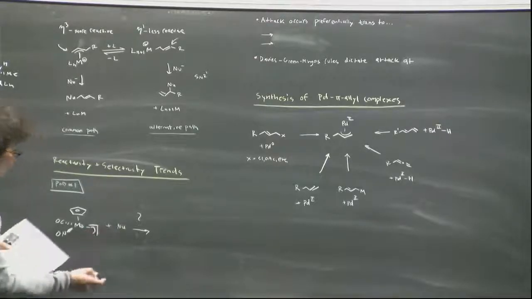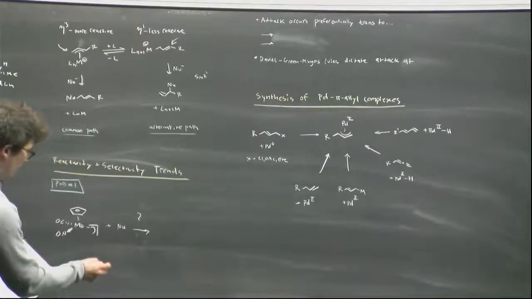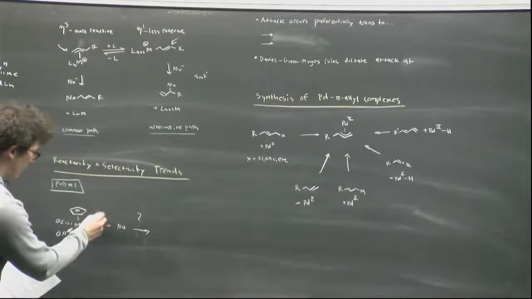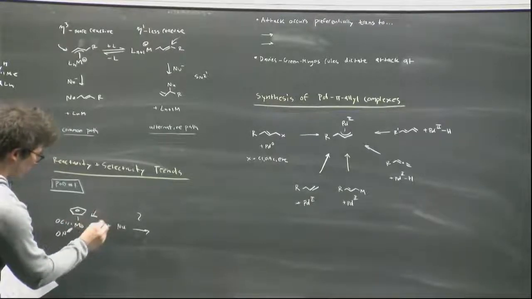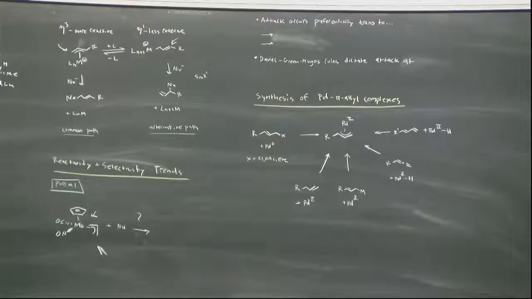You can either think of that in terms of Davies, Green, Mingos' rules, or just intuitively an aromatic fragment versus a non-aromatic fragment. One's going to be more reactive than the other. Okay, and now the allyl fragment can react at either carbon atom. Which would you expect to be more reactive?